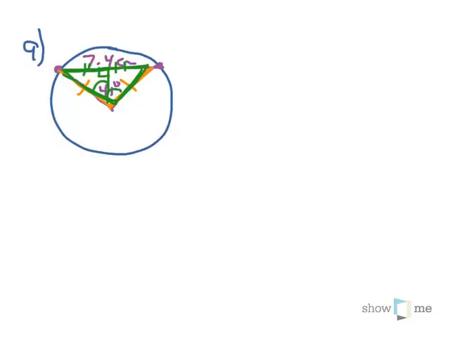Let me redraw one of those triangles down here so it's not so confusing. If this side was cut in half and it was 7.4, you take 7.4 and divide it by 2, you get 3.7. So this side is 3.7. 41 degrees was the central angle. If you divide that by 2, you get 20.5.